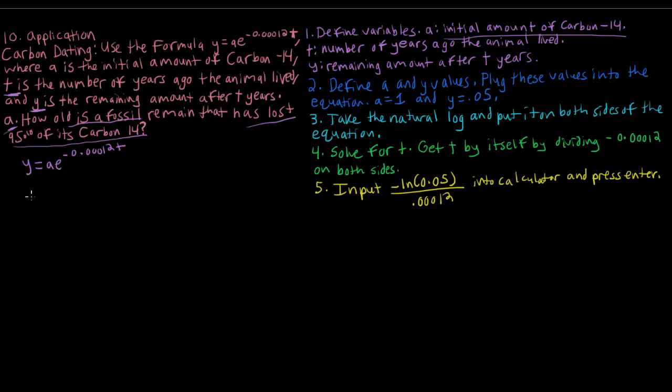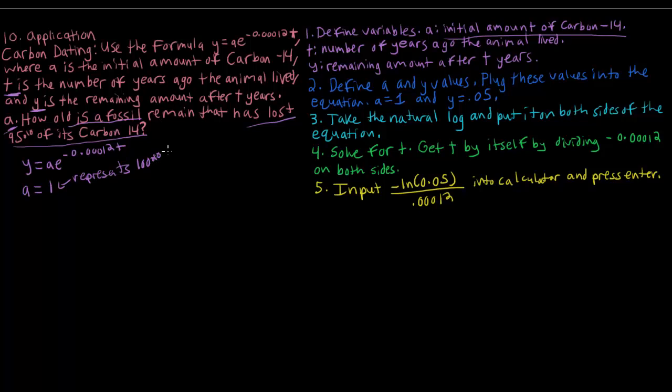A is the initial amount of carbon-14, so the initial amount in an animal would have to be all of it, which would be 100%. So A equals 1, and 1 represents 100% of the carbon-14 that was in the fossil.